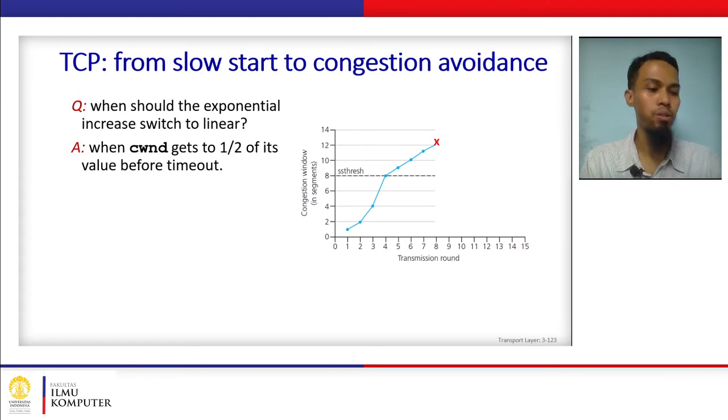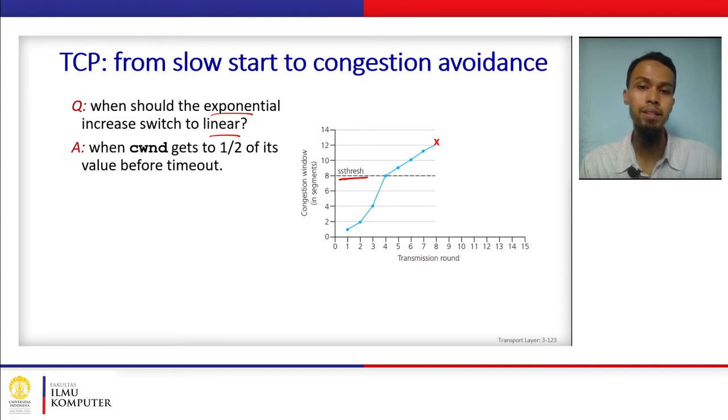After some point that we define as the slow start threshold, or SS thresh, which is short for slow start threshold, the congestion window will increase linearly. So from exponential to linear, after the SS thresh. And why is this so?